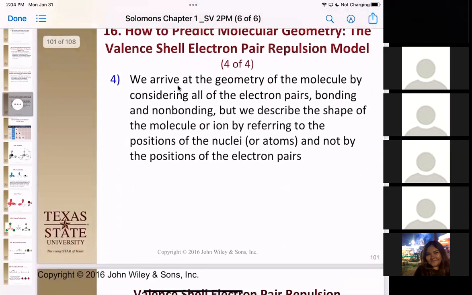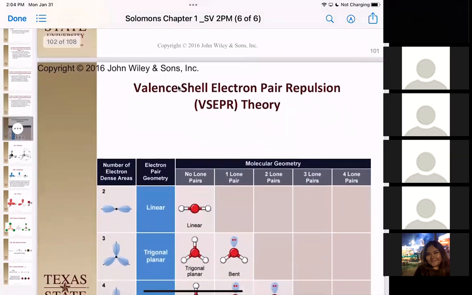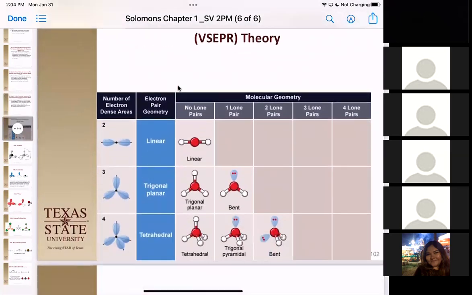Okay, so that being said, we have to take into account our number of bonds, our kind of bonds, our hybridization, and lone pairs. So that's going to tell us everything we need to know. Okay, so to start with, if we have two electronic zones, what kind of hybridization do we have?